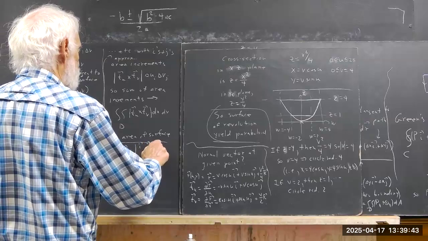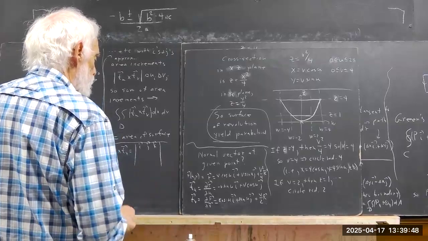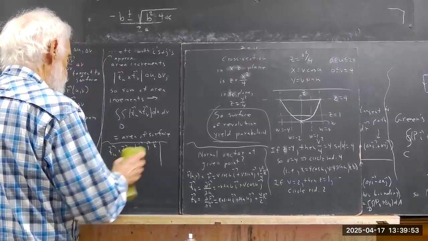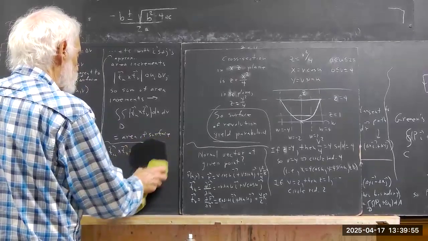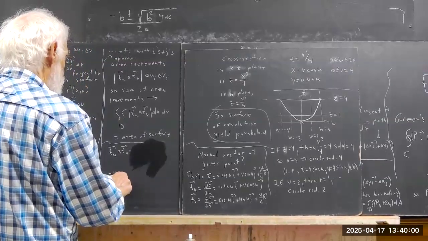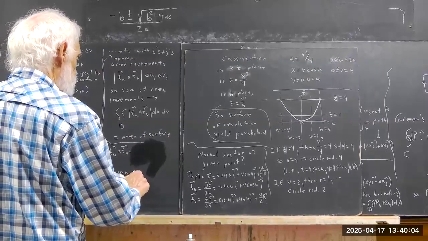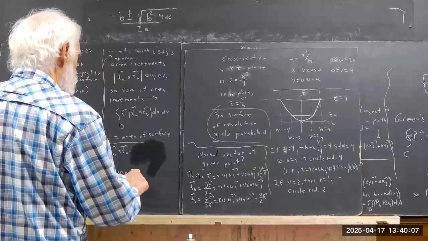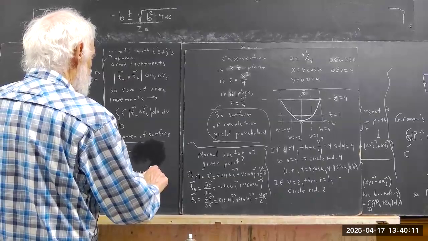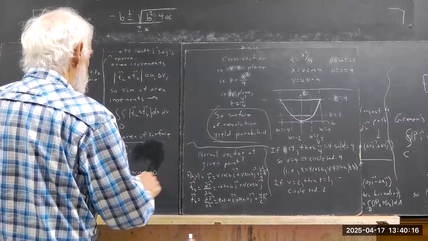It's easiest to do in determinant form, and I didn't leave myself room to write the determinant out, so I'll write the components. We have negative v sine u, v cosine u, and 0.